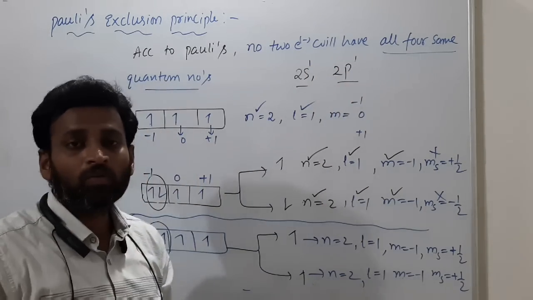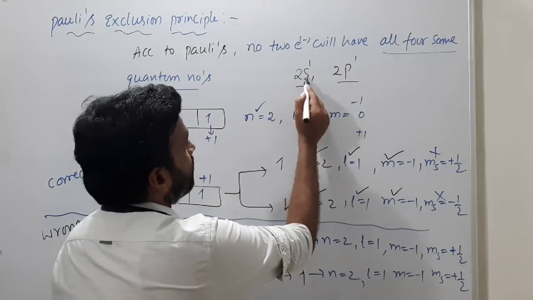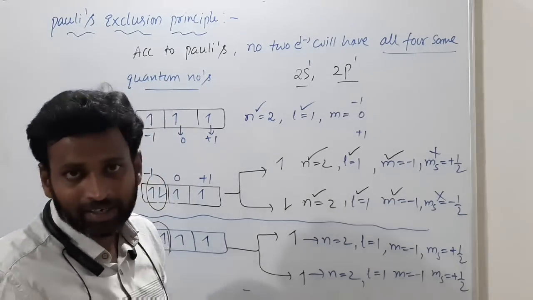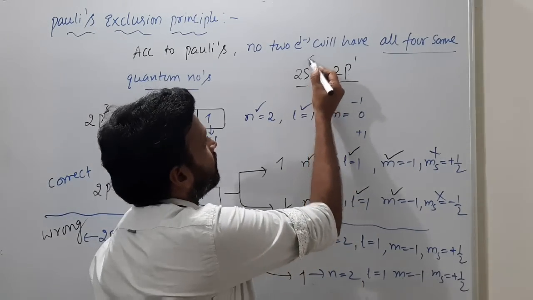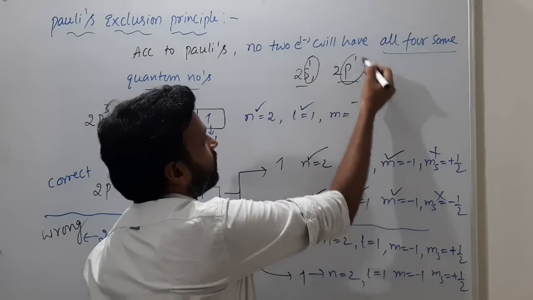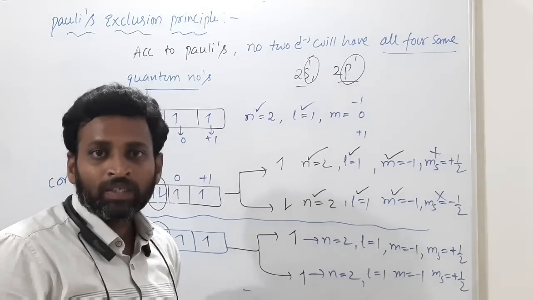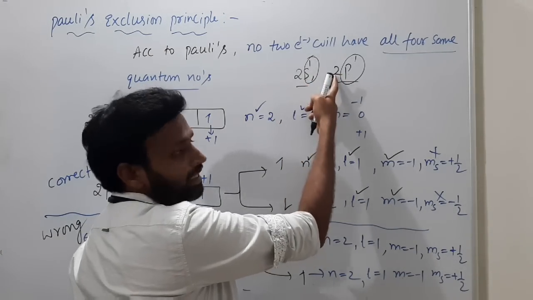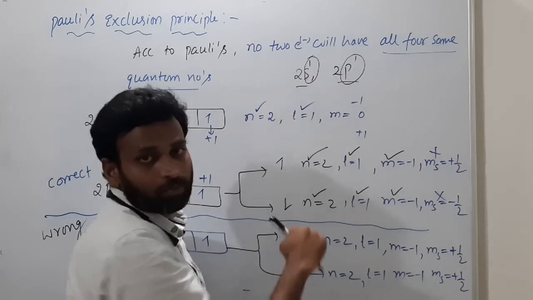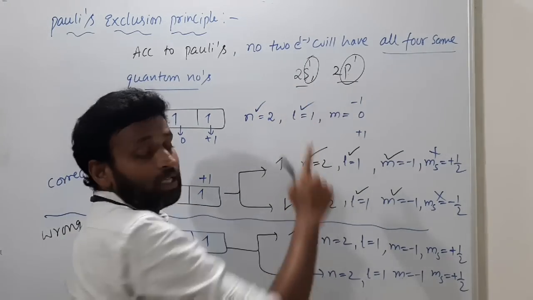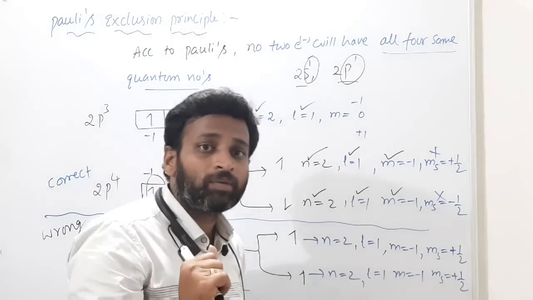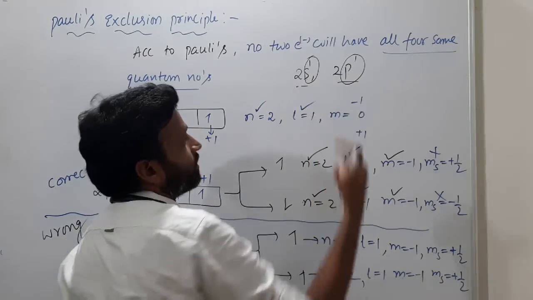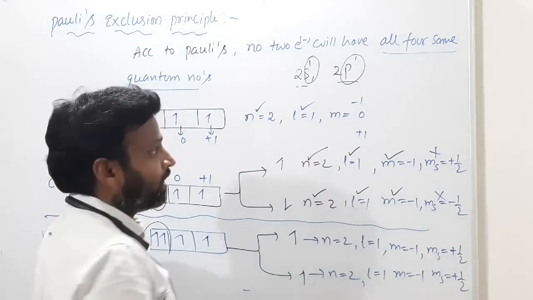Then what quantum number differs? The azimuthal quantum number differs, because here the electron belongs to s, here the electron belongs to p. The shell is the same because this is 2, but the subshell is different. So subshell different means the azimuthal quantum number is different for both electrons.